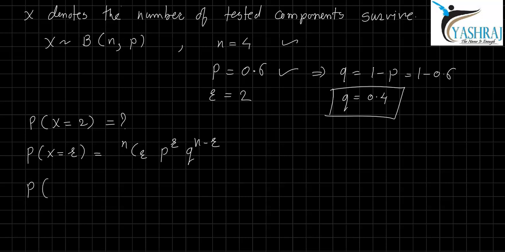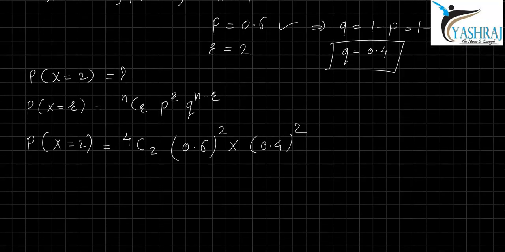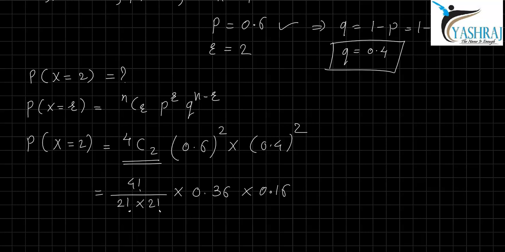Now replace all the values: r equals 2, n equals 4, p is 0.6 to the power 2, and q is 0.4 to the power n minus r, which is 4 minus 2, which is 2. Now formulate 4C2, which is 4 factorial divided by 4 minus 2, which is 2 factorial, into 2 factorial, while 0.6 squared is 0.36, and 0.4 squared is 0.16.